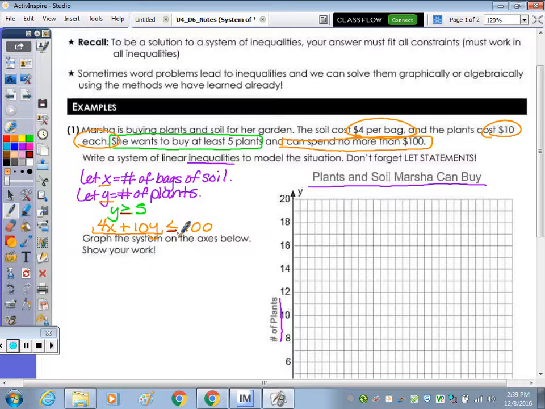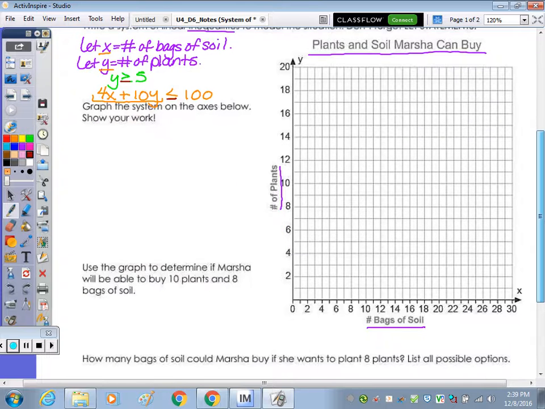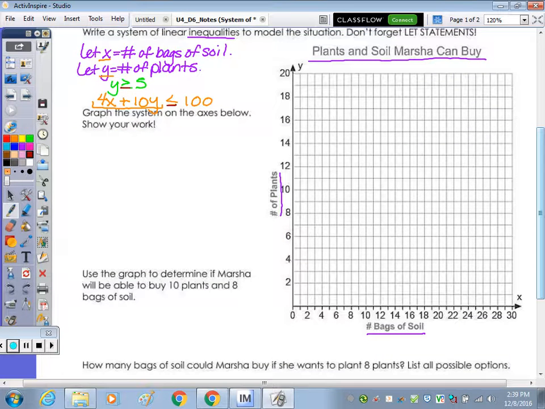Okay, so now we're going to graph. To graph, they both need to be in the form y is, or solve for y, and the first one is. So we graph it as if it was y equals 5. So here's an intercept of 5. We said it's a solid line, and is a y equals line horizontal or vertical? Horizontal.